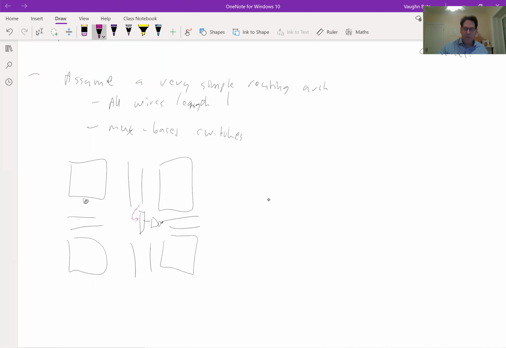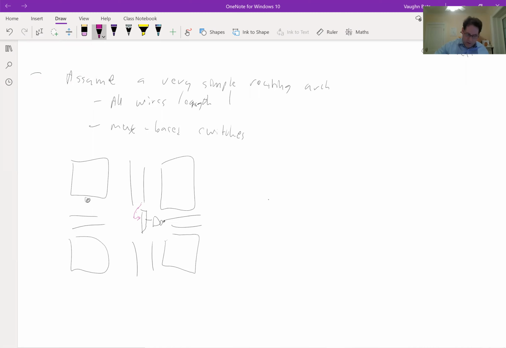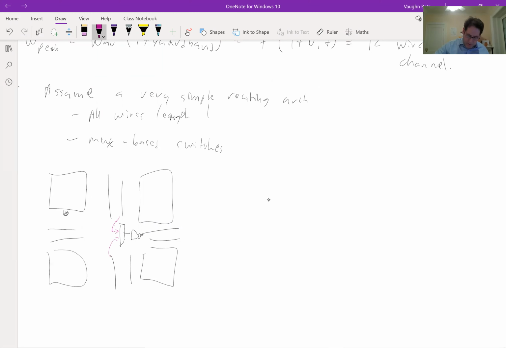So I'll have 1 wire from above that can go into it. I'll have 1 wire from below that can go into it. I'll have 1 wire from the left that can go into it. And I'll have 1 logic block output that can go into it. So I just have 1 of every kind of wire. I want to be able to have connections continue, whether they're coming from above, below, to my left, or start from a logic block.